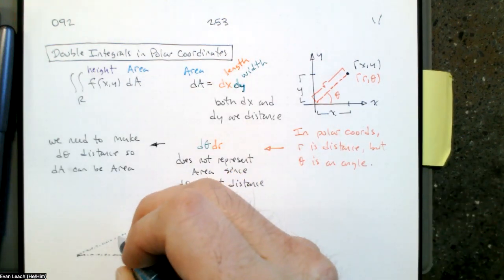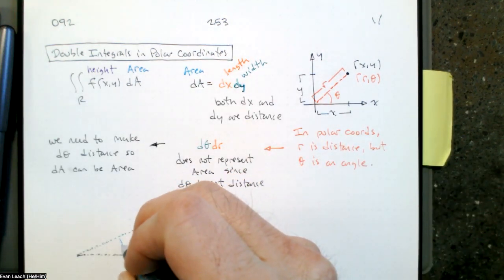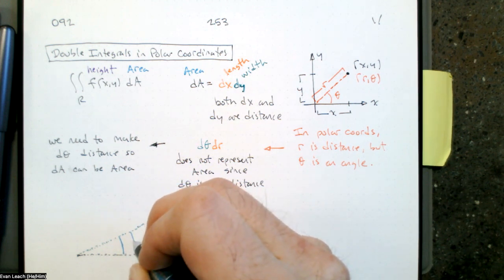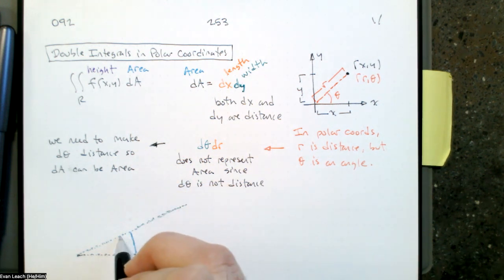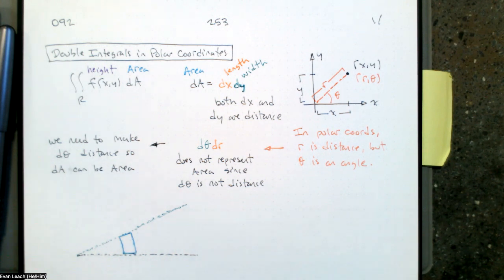What we want to notice is that if I have some little piece dr, dr represents a distance.